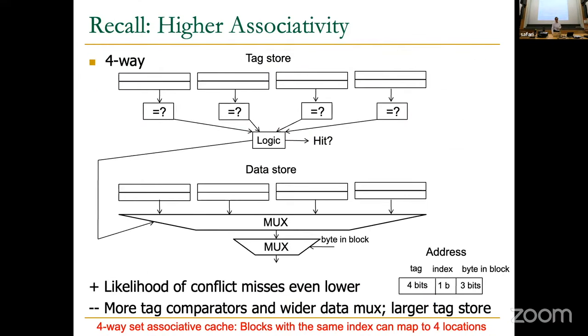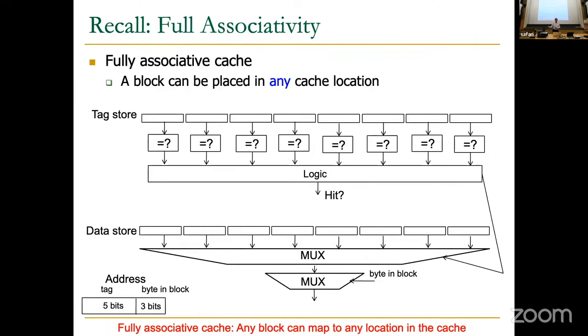So we increased the associativity to 4-way, making the cache more complex, as you can see. And then in the limit, your associativity is full associativity, meaning there is no indexing going on. You just compare the tag of the address to the tags that are stored in all possible locations in the cache. Clearly, this is the most flexible.